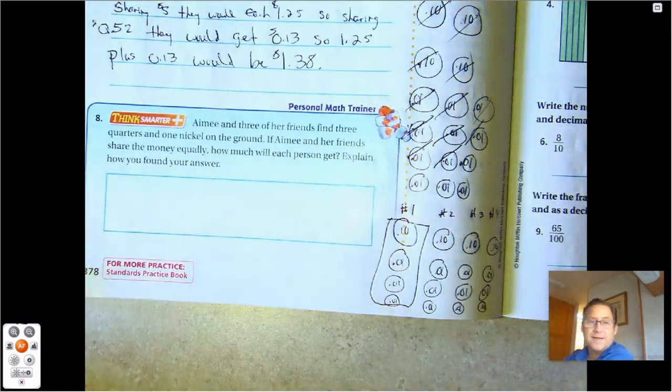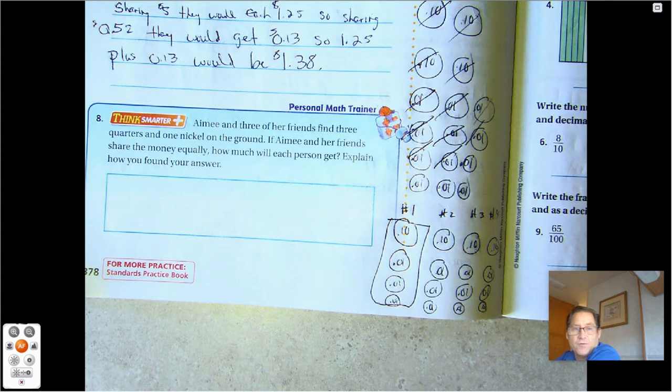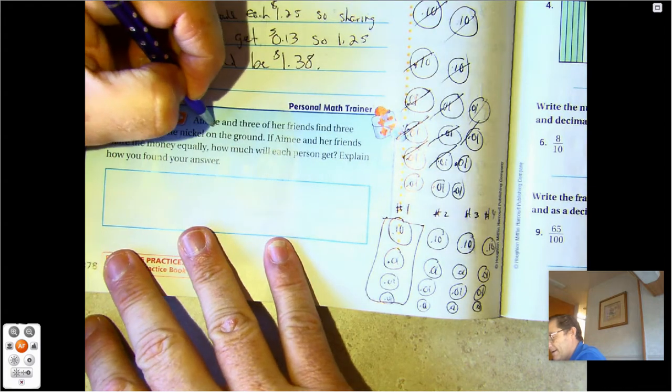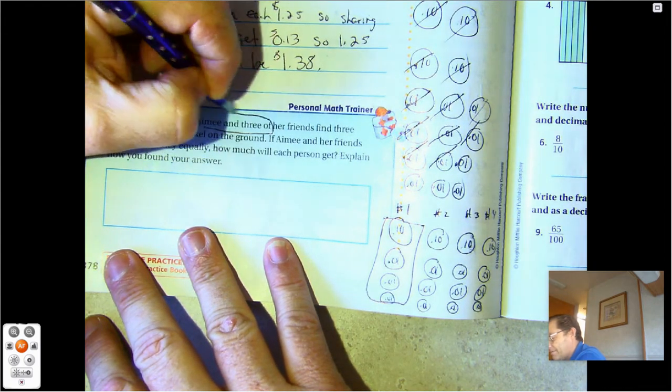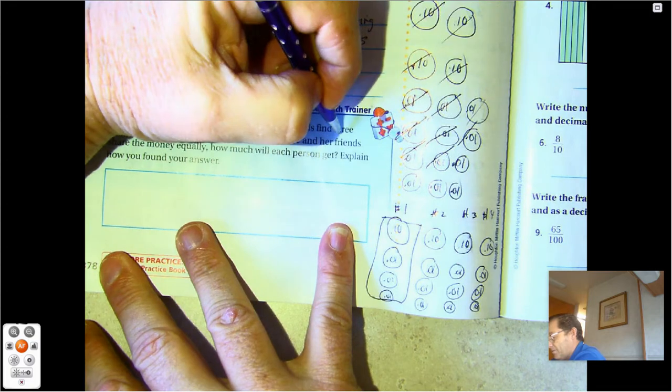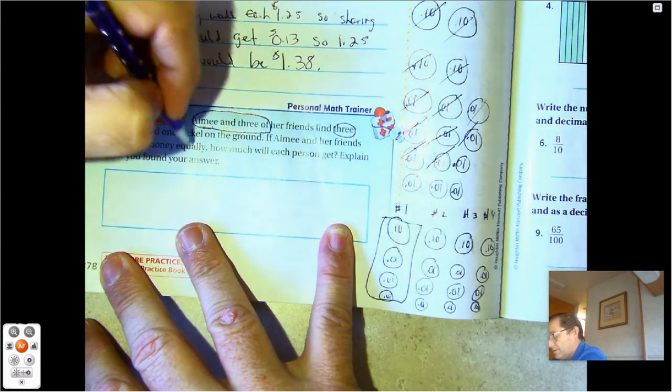All right, number 8. Amy and 3 of her friends find 3 quarters and 1 nickel on the ground. If Amy and her friends share the money equally, how much will each person get? Explain how you found your answer. Amy and 3 of her friends found 3 quarters, 1 nickel.